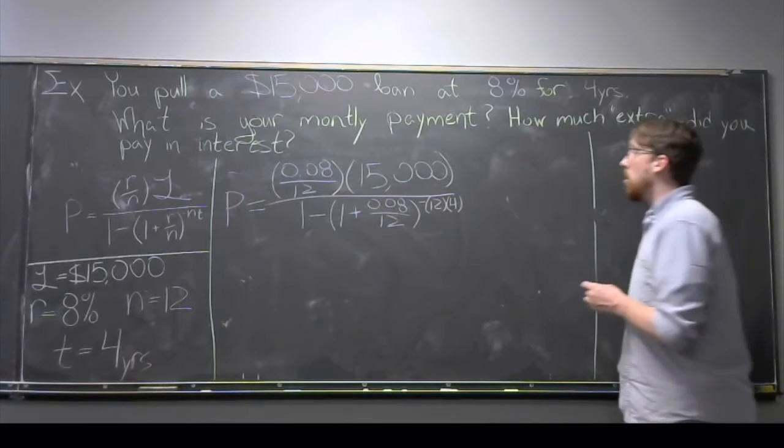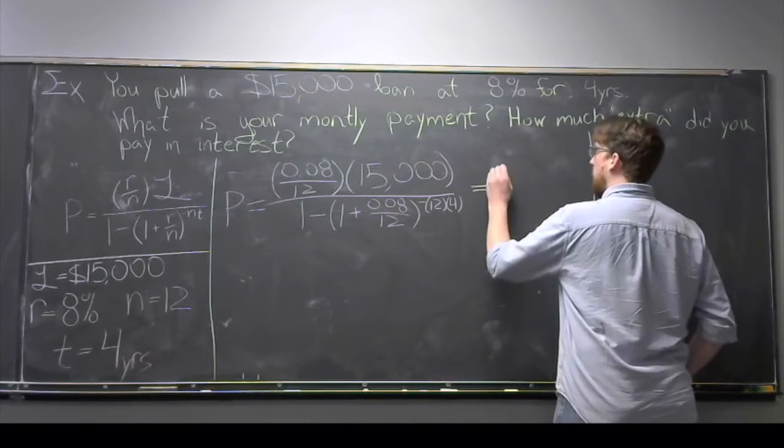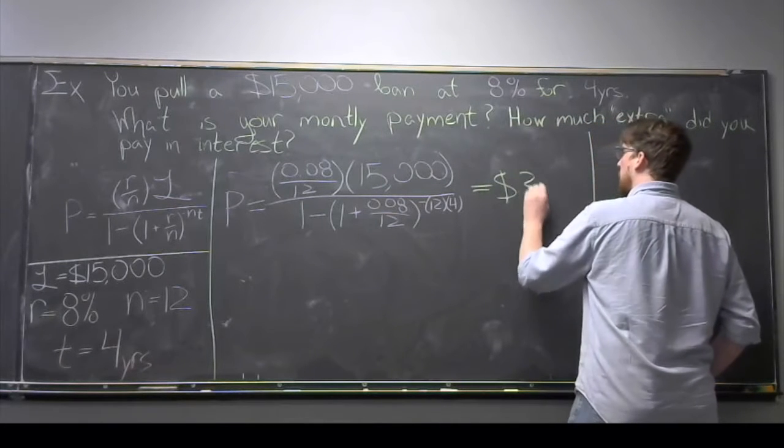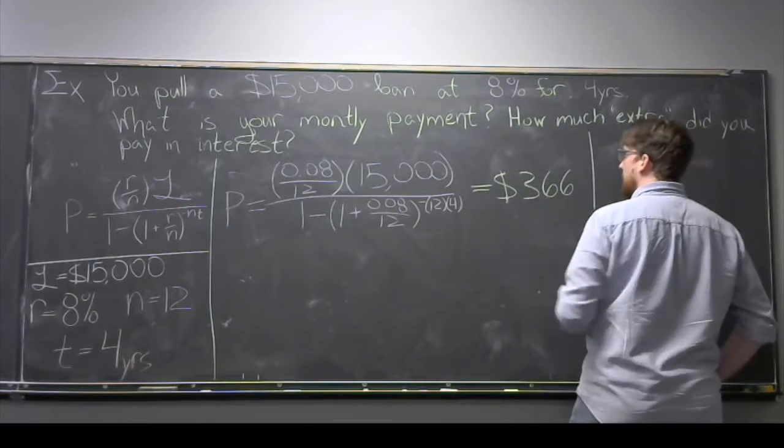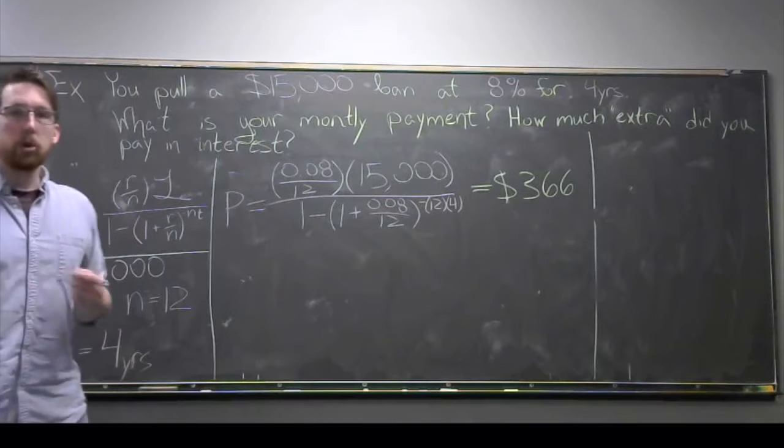So when we work out all this arithmetic, we find that our loan payment is $366 a month. Okay, cool.